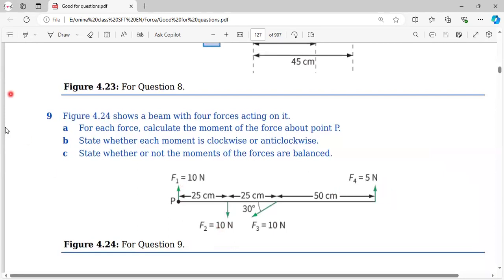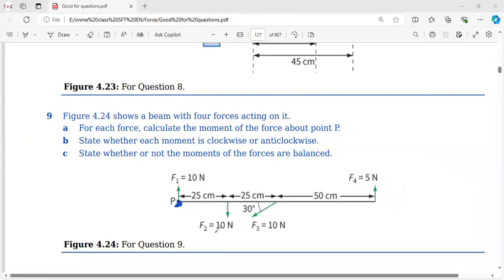However, as for the linear equations, we have a hard time finding the exact angle, right? So in this case, let's consider this P as a pivot point, okay?